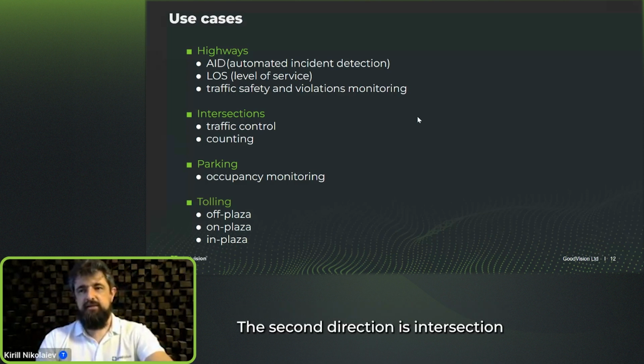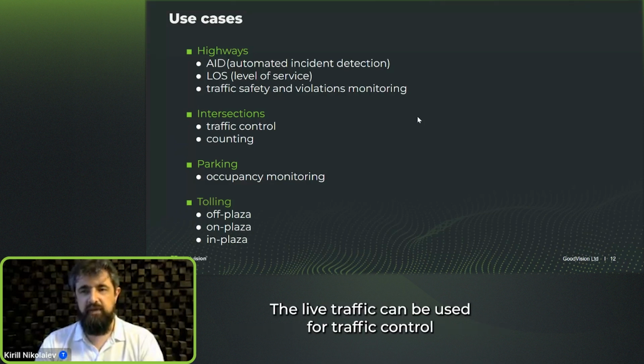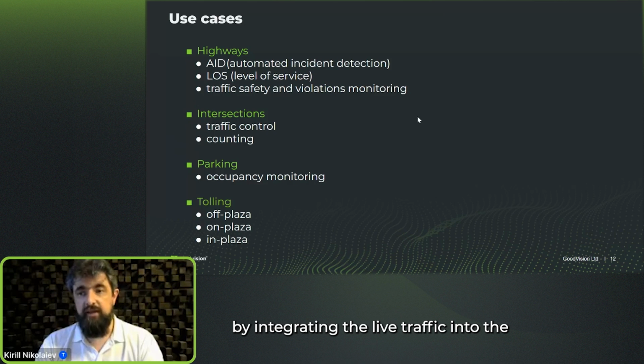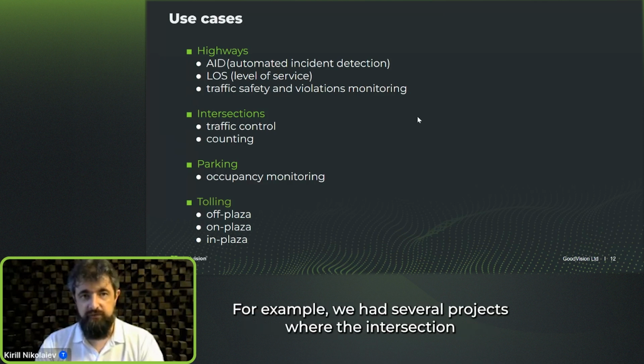The second direction is intersections, or basically streets in the cities. Live traffic can be used for traffic control by integrating the live traffic into intersection traffic control, integrating it with traffic lights, for example.